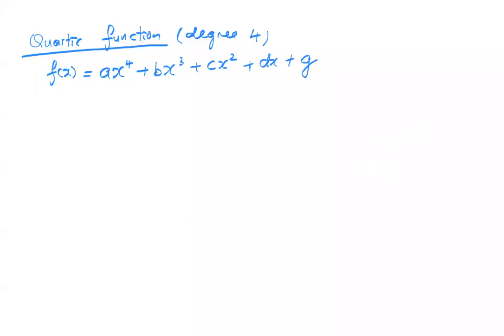Okay, so for a quartic function, maximum how many turning points? Okay, maximum 3 turning points. Maximum how many x-intercepts? 4 x-intercepts.